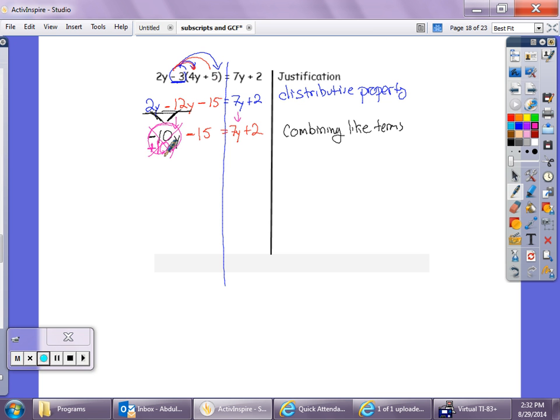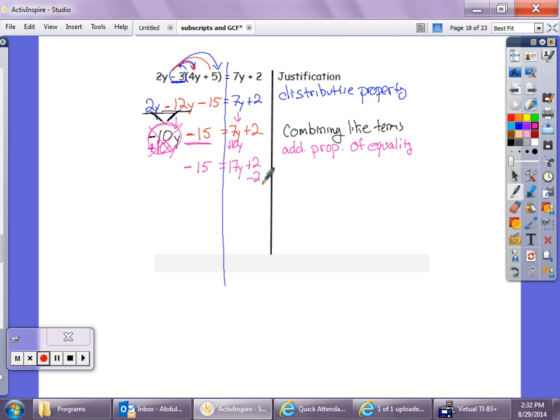If I add 10y on this side, I have to add 10y over here, because that's what the additive property of equality tells me. If I add 10 to one side, I have to add it to the other side. Well, 10y plus 7y is 17y plus 2, and this term is negative 15.